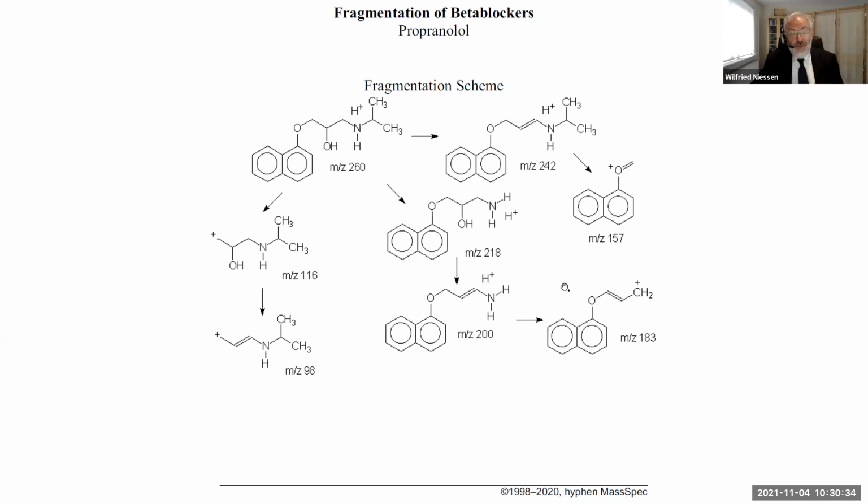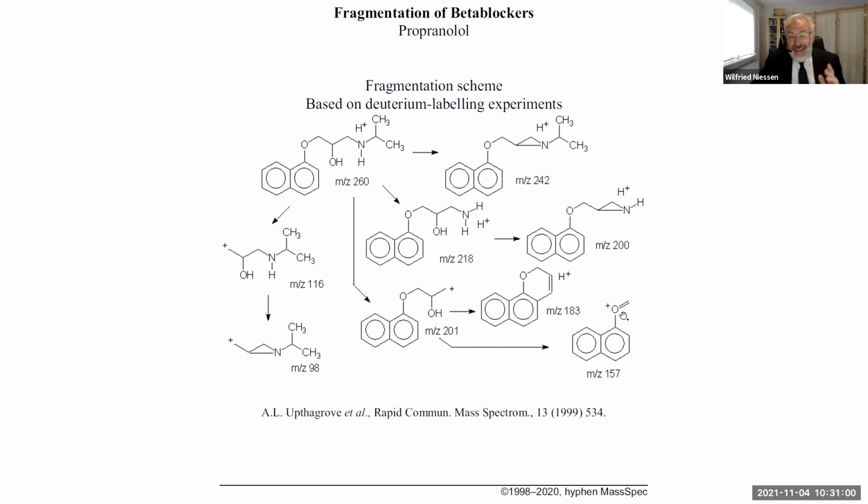So what most people do is they say what we see is the loss of water to the 242, we see the loss of propene to the 218, and then we have the loss of water from the 218 to the 200, and then we have the loss of ammonia to the 183. Yeah, that's what most people do.